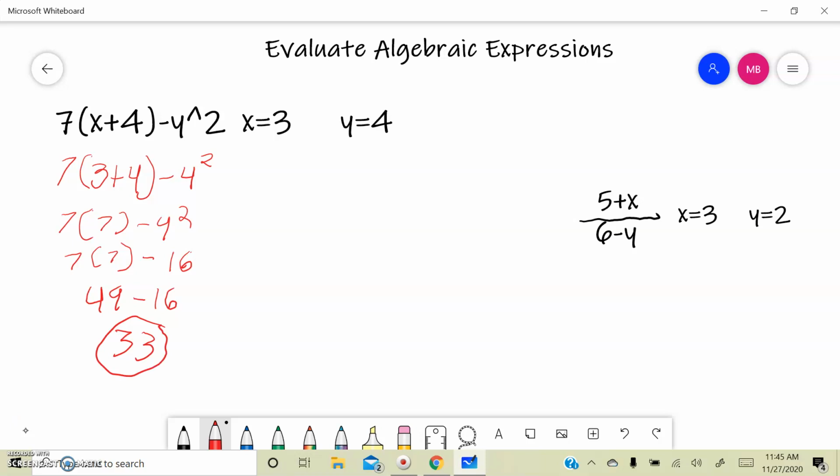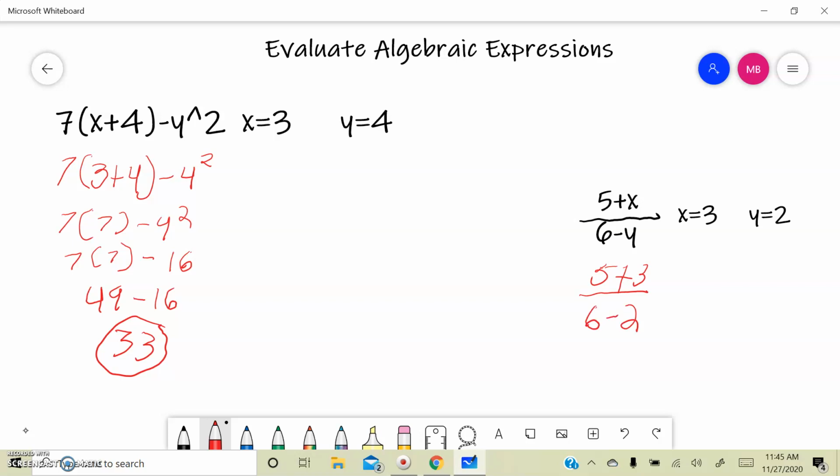Now, if we take a look over here at 5 plus x over 6 minus y, I'm going to do the same first step. I'm going to input for the variable. So I have 5 plus 3 over 6 minus 2.